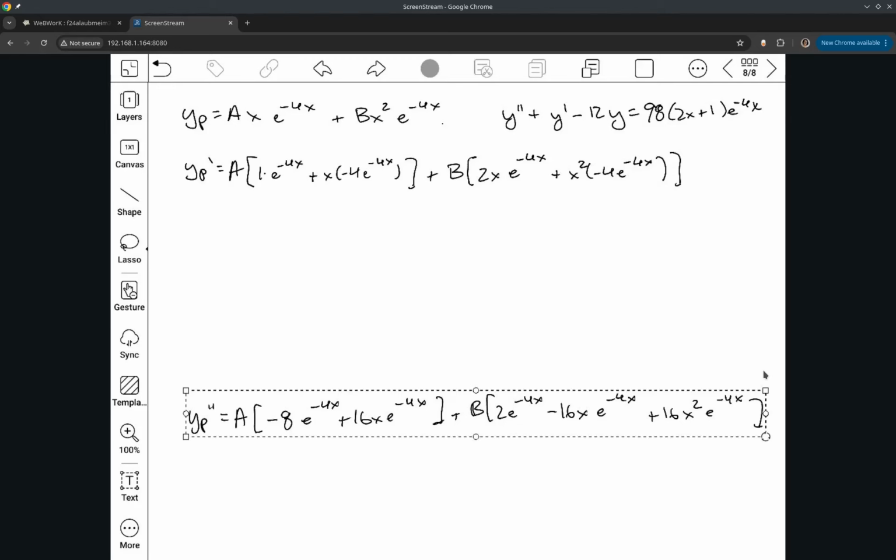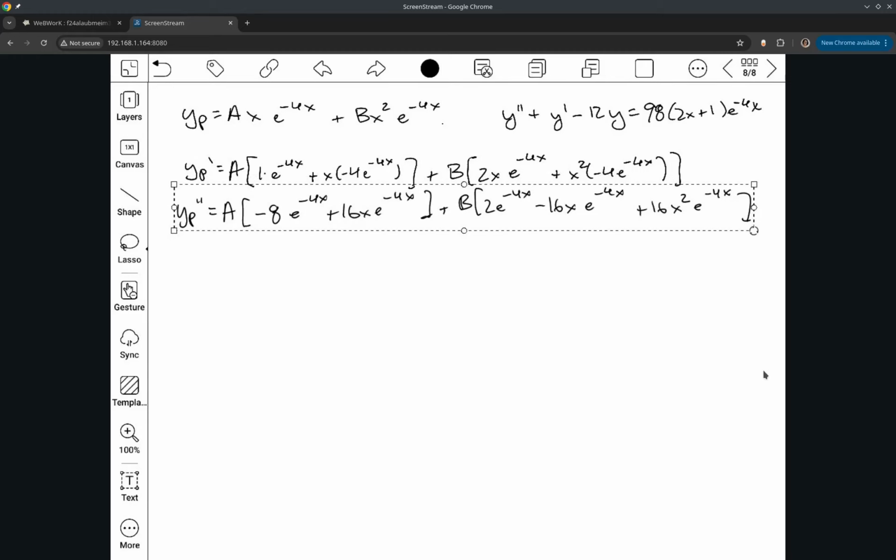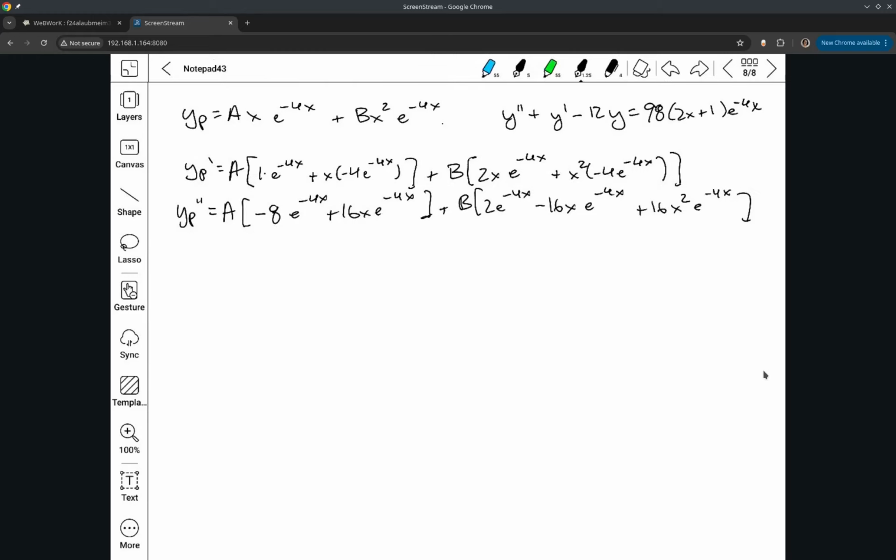But I think I'm just going to plug it all in and then do that grouping later, because these equations are just so long and messy. So I'm trying to plug in yp double prime plus yp prime minus 12yp. So I'm going to take my yp double prime. I'm just copying it down right now.